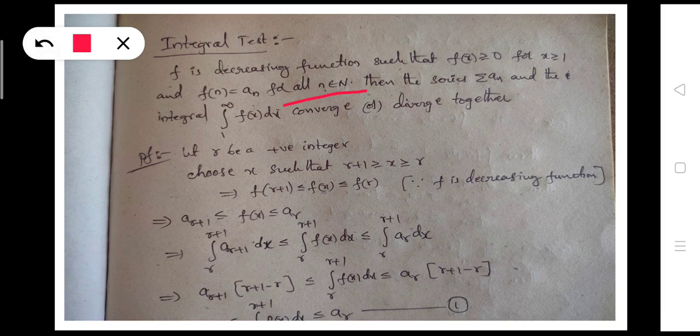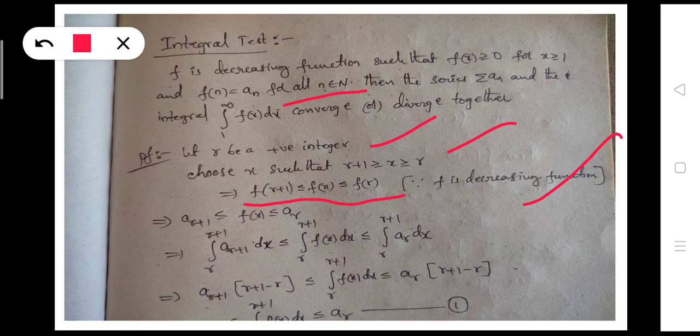Proof. Let r be a positive integer. We choose x such that x lies between r and r plus 1, and that is written as r plus 1 greater than or equal to x greater than or equal to r. And if f is a decreasing function, then you can write this implies f of r plus 1 is less than or equal to f of x less than or equal to f of r.